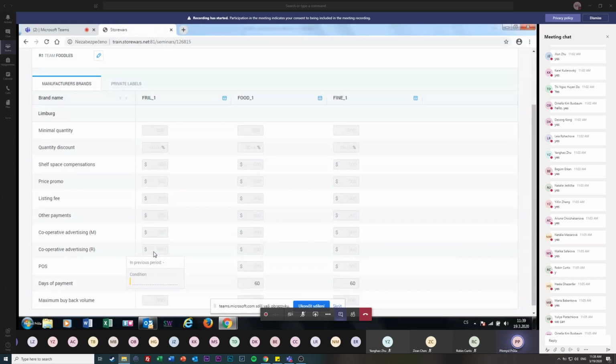In the beginning of the game, I have explained to you that, by the rules, each retailer in Foodles and in Voodoo's has 2 POS options. So retailers can choose 2 brands in Foodles and 2 brands in Voodoo's for POS.